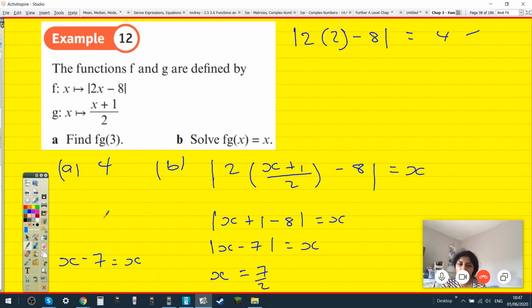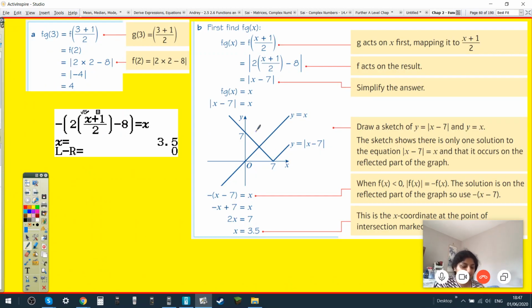Why would you have... Oh, that one's x minus x. That would just give you 0. No solutions. Okay, never mind. Or x equals 7 over 2. Okay, so just watch out for that. No solutions. Yeah. 7 over 2 is the same as 3.5.